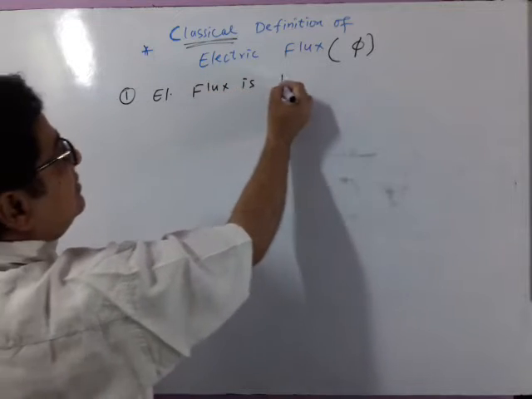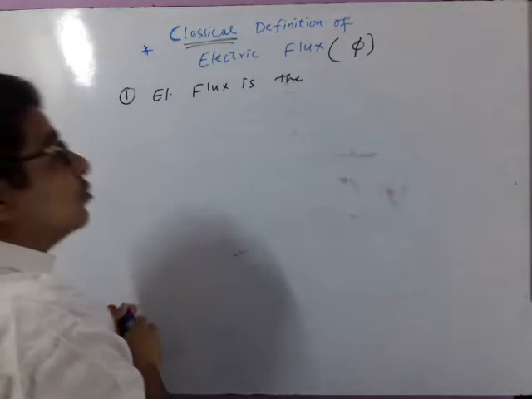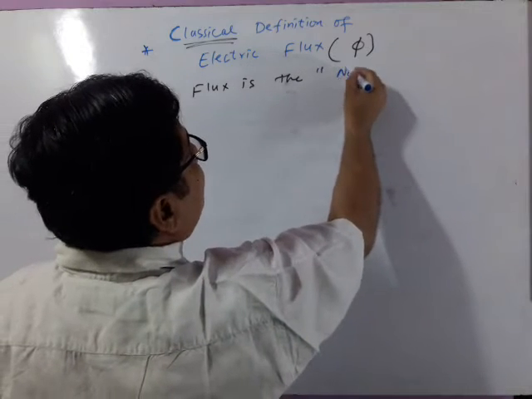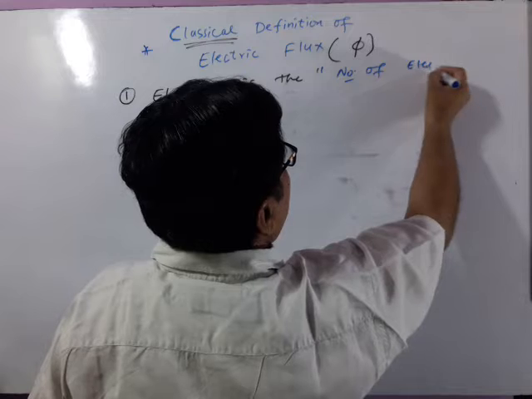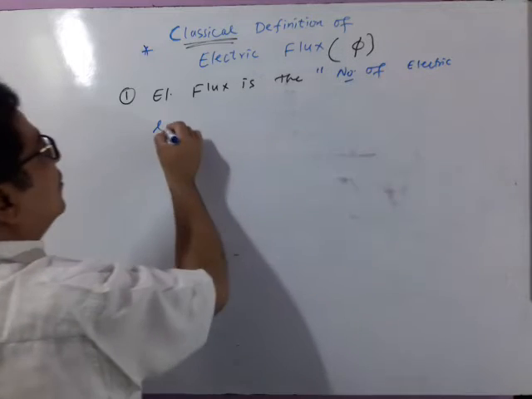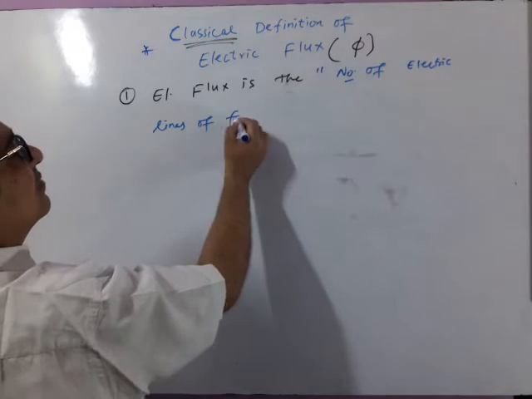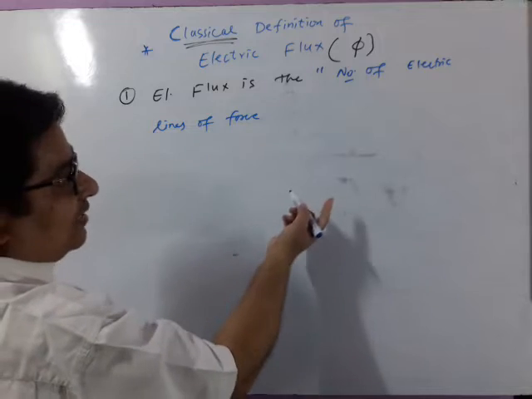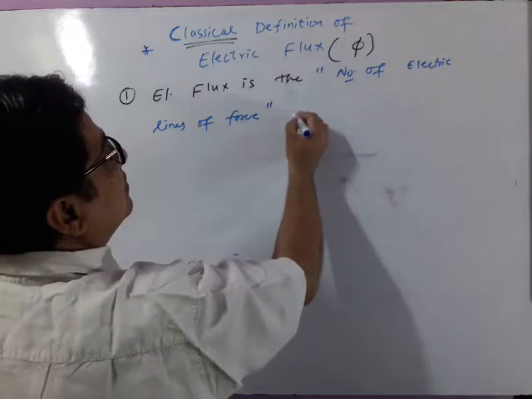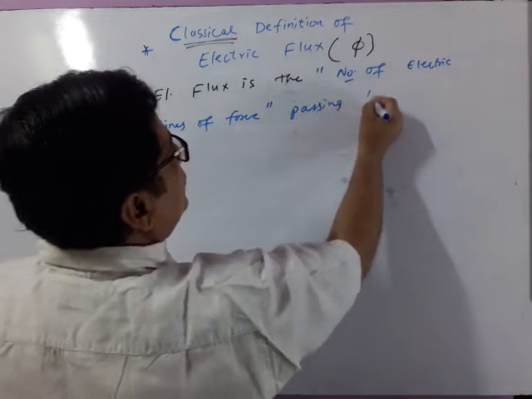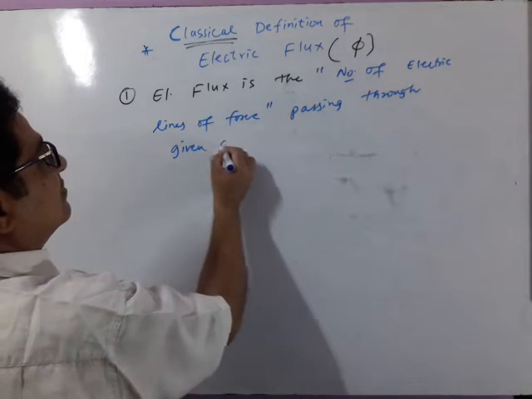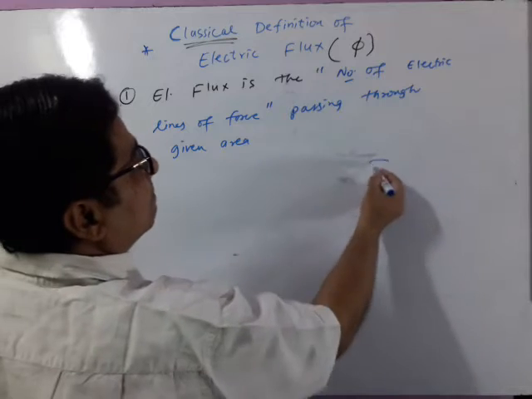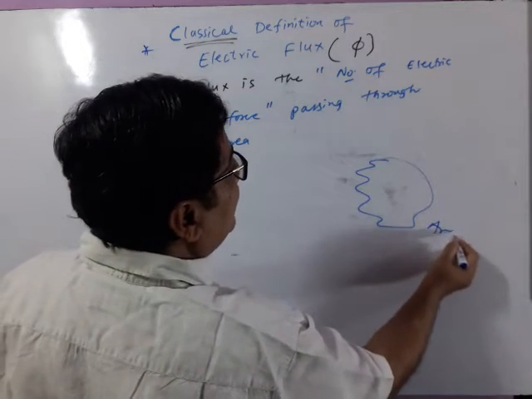Electric flux is the group or number of electric lines of force, or electric field lines, passing through a given area. See, this is the area.